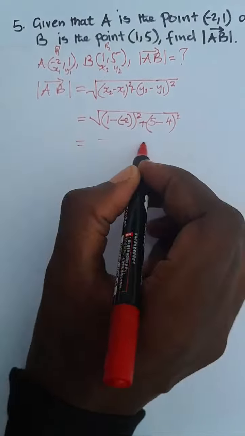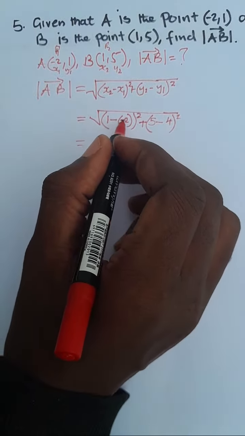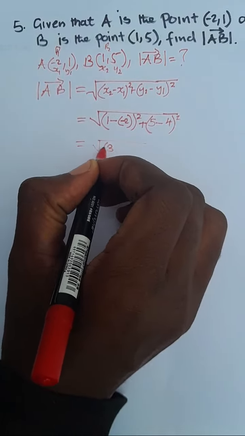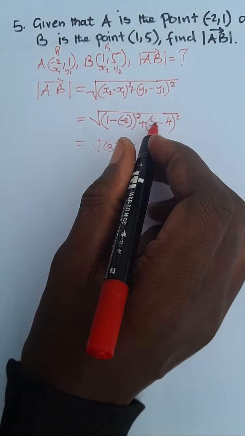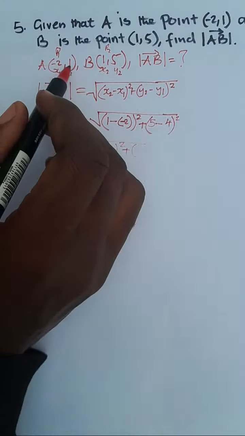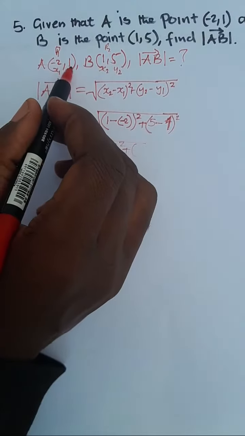So we're going to have 1 minus negative 2 is positive 3, and everything squared, plus 5 minus y1. Sorry, y1 here is 1.